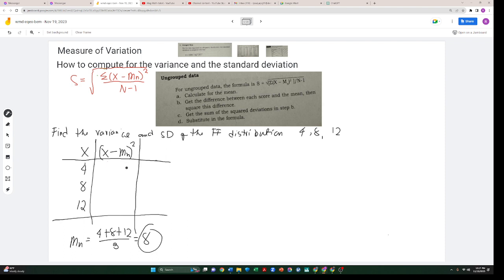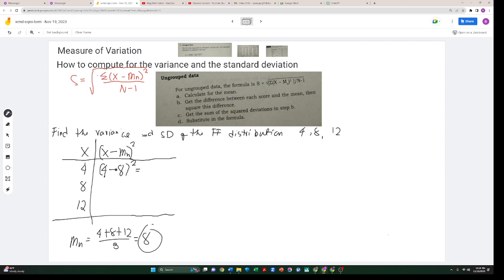Okay? So for example, let us process it. X minus, put 4 which is your x, then minus your mean which is 8, and then squared.